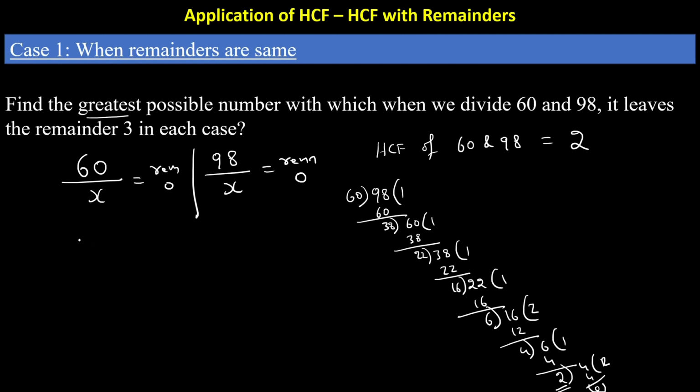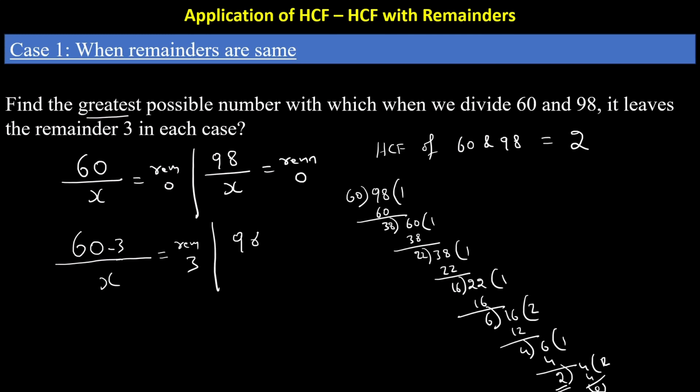So what will you do? Subtract the remainder which you need to get from the number. That is 60 minus 3, then I will get the remainder as 3.